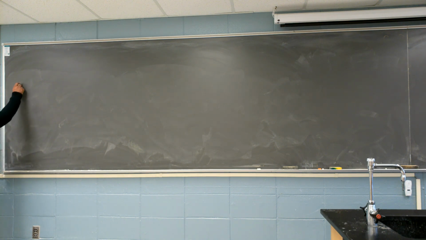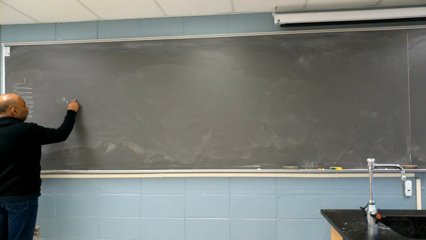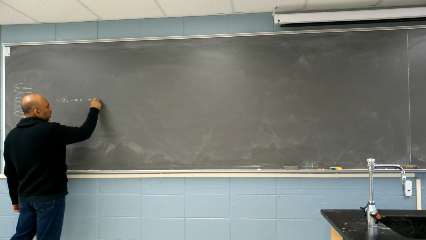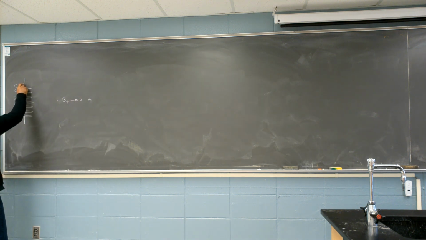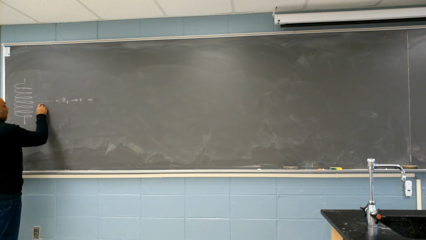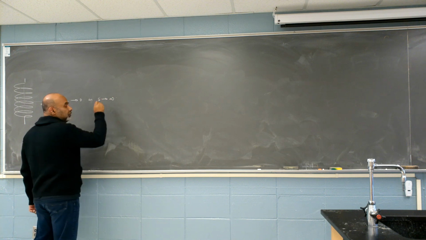So, what we have seen is if you have a solenoid, and when I say a solenoid, I just mean an infinite solenoid, what we have seen is this B_z approaches 0 as, maybe I can use cylindrical coordinates, it really doesn't matter, as s approaches infinity.